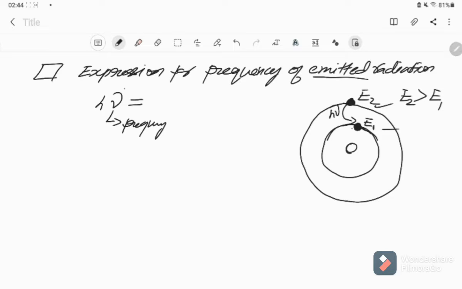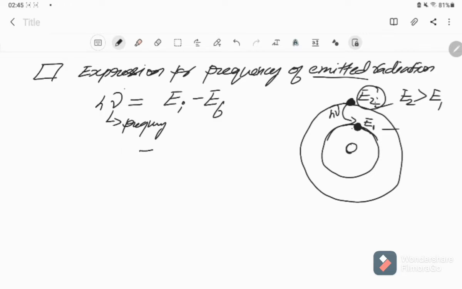So h mu is equal to this energy minus this energy. Here I will use E initial minus E final, I for initial, F for final. Initially the electron is in the E2 state, and after releasing energy it goes to the E1 state, so E1 is the final.